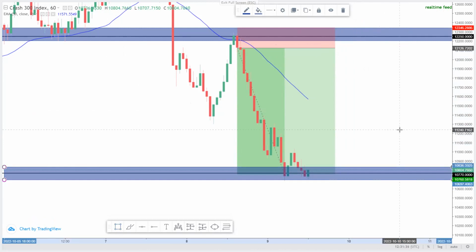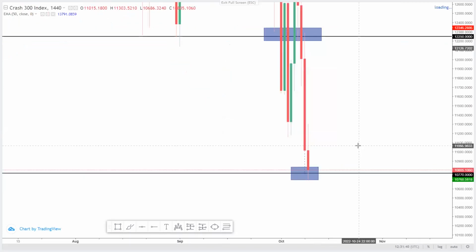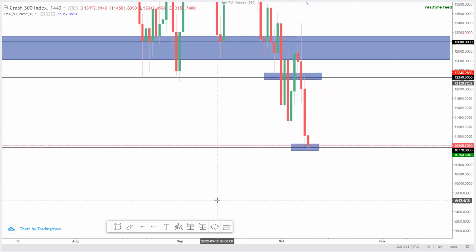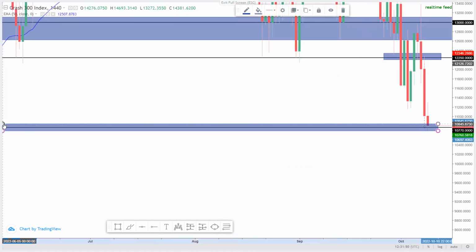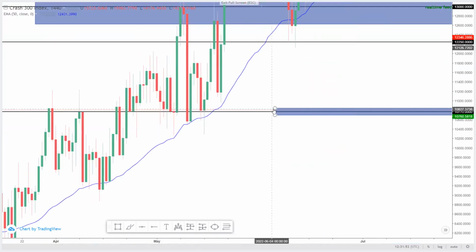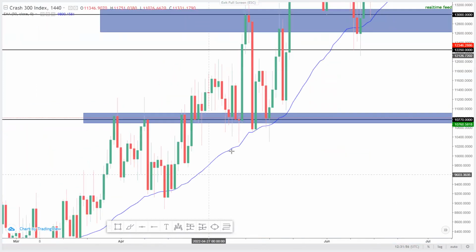Moving back to the daily time frame clearly explains why. If we look to our left, we would see that the level from the past has acted as a key level also, and multiple times we had the level act as resistance, resistance, resistance, and then support, support, multiple times.